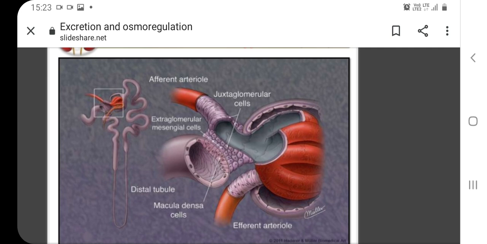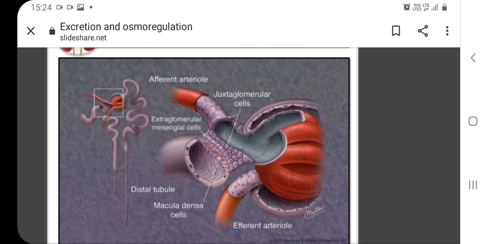For example, the distal convoluted tubule, the ascending limb of the loop of Henle, has masses of cells called macula densa, which are in contact with the cells of afferent arteriole called juxtaglomerular cells.